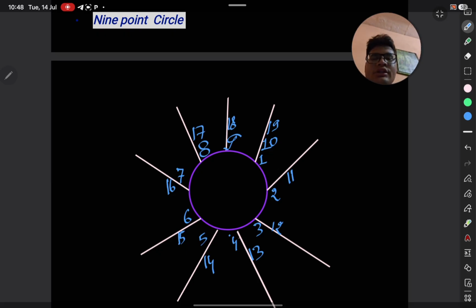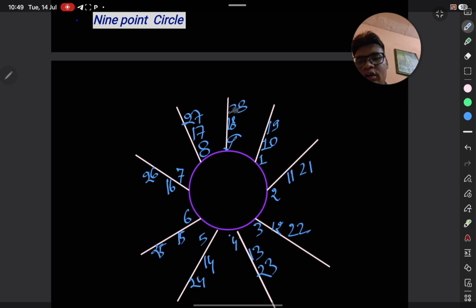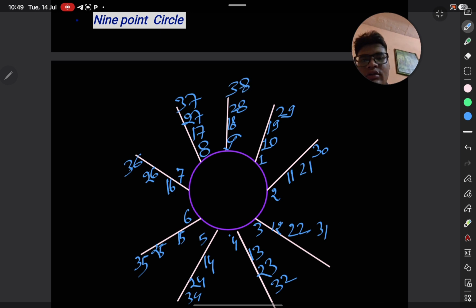This process will continue as long as you want; it will not stop. 21, 22, 23, 24, 25, 26, 27, 28, 29, 30, 31, 32, 34, 35, 36, 37, 38, 39, 40, 41, 42.